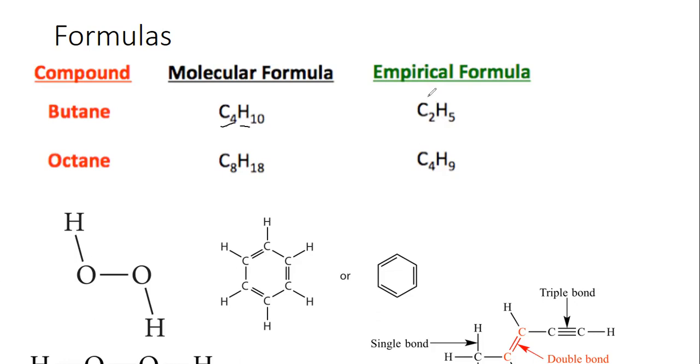The empirical formula says for every 2 carbons, I have 5 hydrogens. So that's the ratio. It doesn't actually tell you how many carbons are in your compound. That's molecular formula. So that's actual numbers. In my horrible handwriting, actual numbers. So that's the difference between the two.